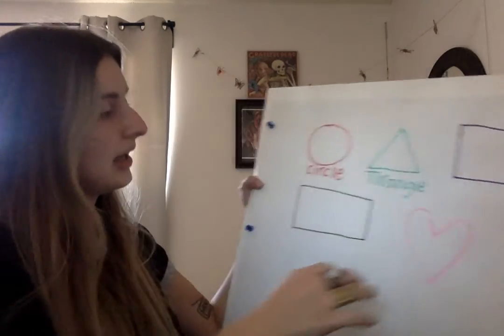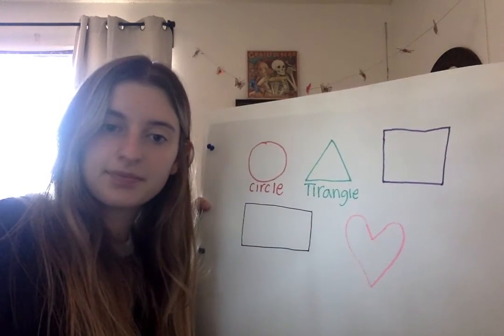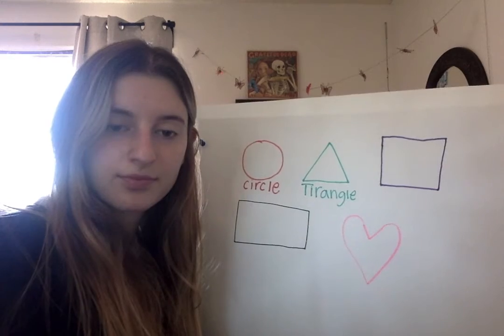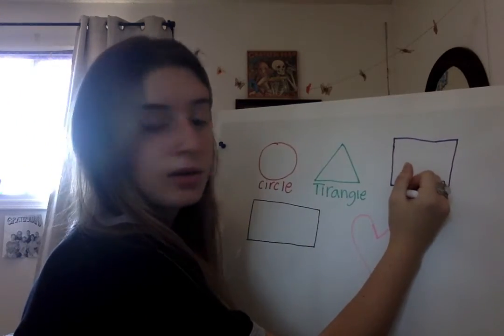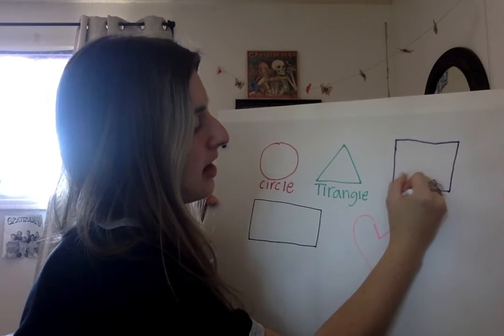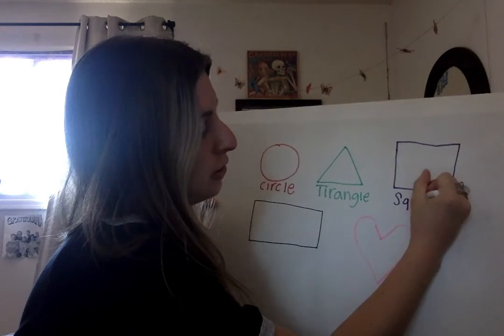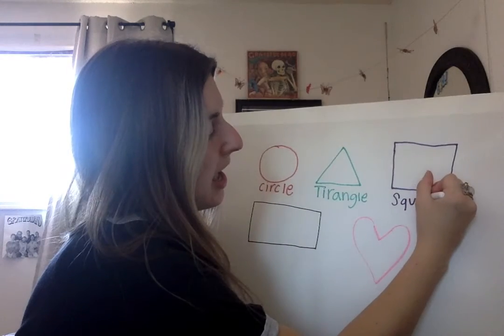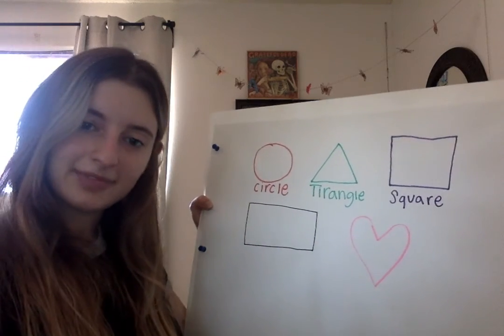Now, can anyone tell me what this purple shape is? Yes, it is a square. So square is S-Q-U-A-R-E. Awesome.